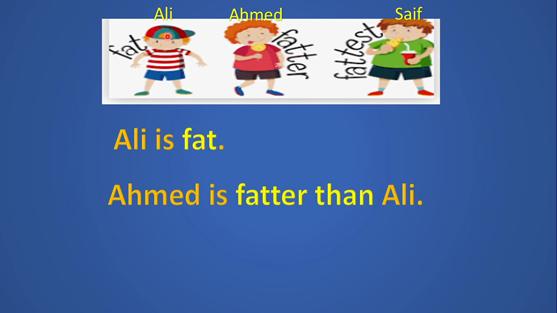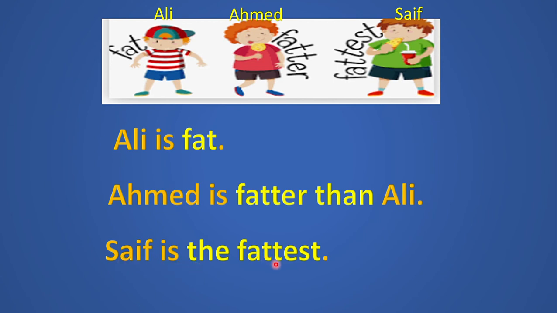Ahmed is fatter than Ali. Fatter than. We compare Ali and Ahmed. Ahmed is fatter. When I add er, I doubled the T because I have a vowel before the T. Good. Fatter than Ali.